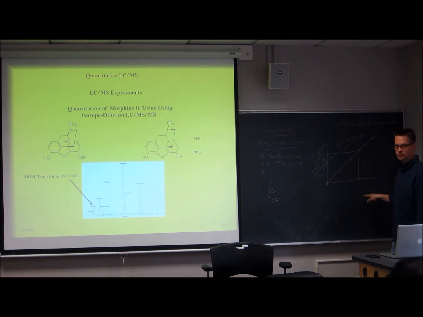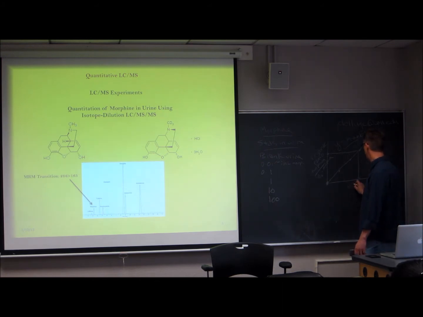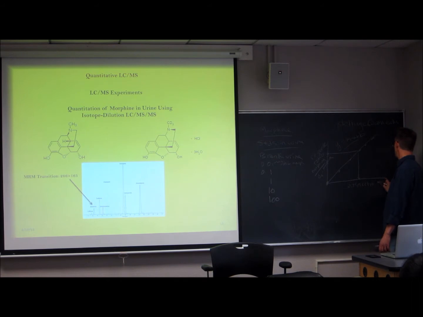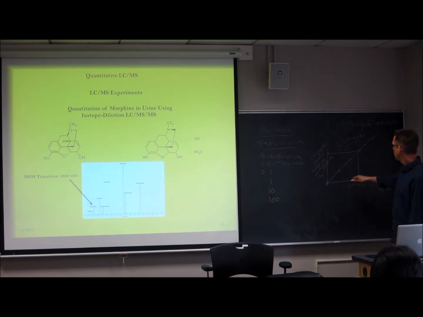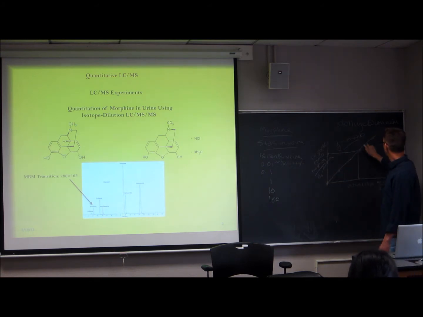And our x-axis, rather than concentration of morphine, is going to become a mass ratio of morphine to D3 morphine. So because we're measuring the ratio of the unlabeled to the labeled analyte, the standard curve is going to look very similar.